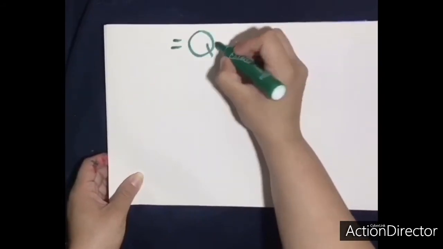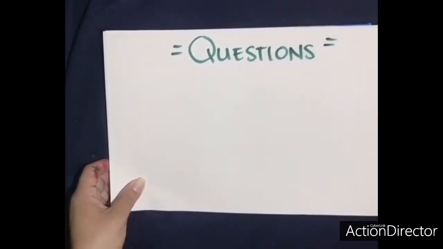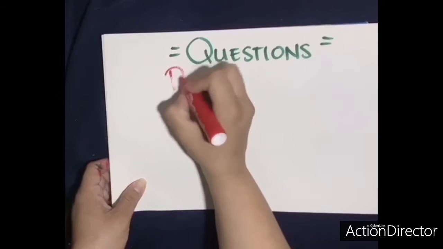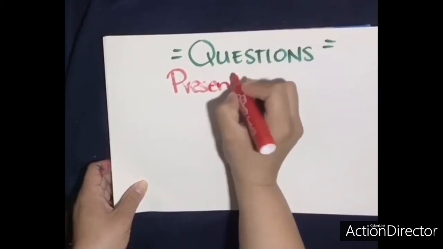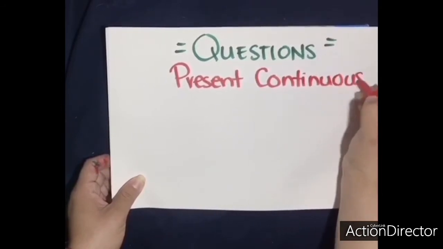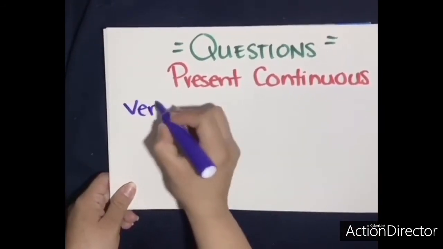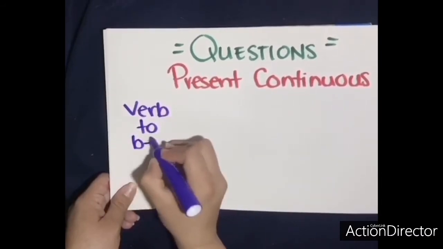Then we are going to see how to make questions in the present continuous tense. It is important to remember that these are the actions that are happening at the moment. So we have the following structure.